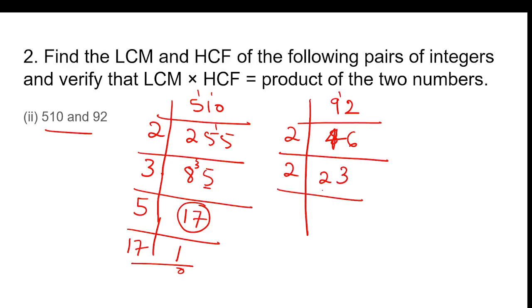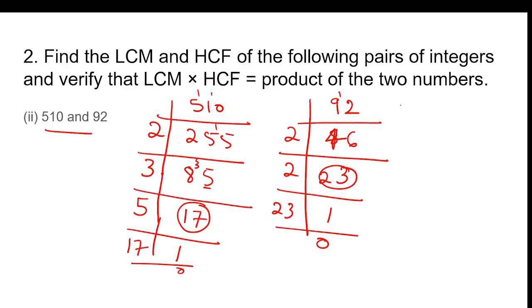Okay. Next. 23 is a prime number, so I am going to divide this 23 by 23 itself. Yes. 23 ones are 23. Now I found out the prime factors for 92.